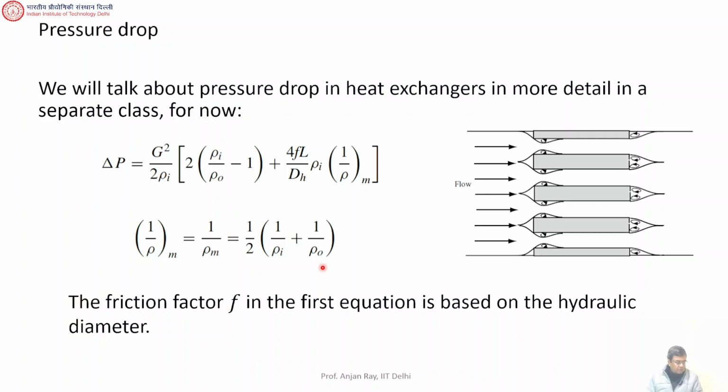In this expression you also have a hydraulic diameter. We've already seen how to calculate the hydraulic diameter. Now, these things are actually not theory as such, I'm just putting together some correlations and showing you that this is the stuff that we are going to use. Now let's take 2 minutes to read a problem.